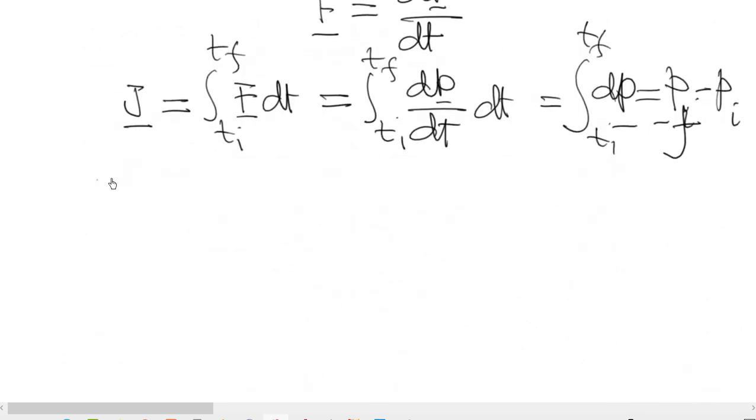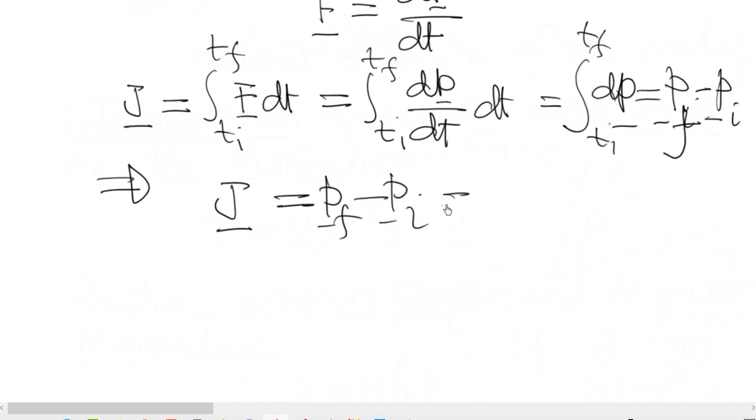So the impulse of force can also be written as pf minus pi, which is equal to delta p. So the change in linear momentum is the impulse of force.